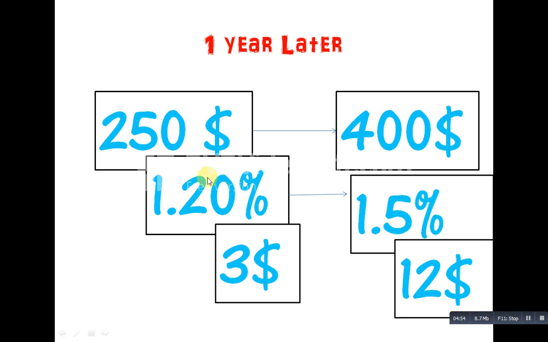The dividend, which was 1.2% at the beginning, approximately $3, has changed to 1.5% at the end of the year. That means Apple has increased the dividend, so from then on you are getting 1.5%, which is approximately $12 a year on the $400 stock price.